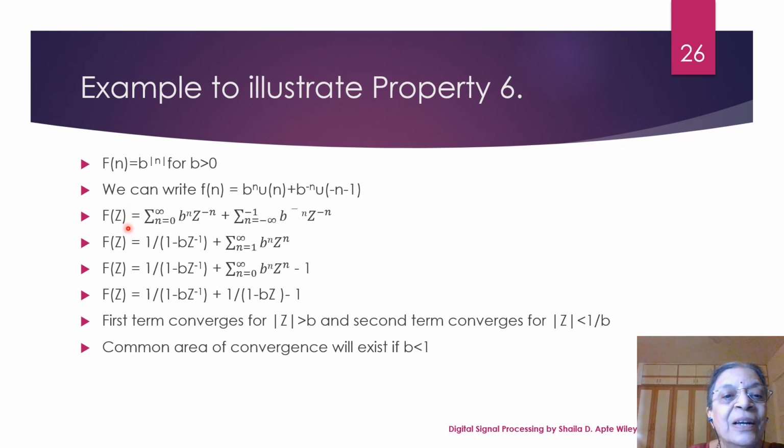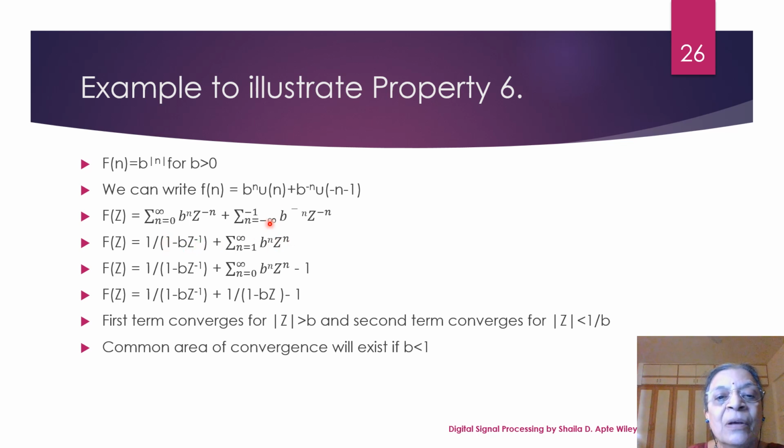So let us write Fz as the summation n varying from 0 to infinity of b raised to n z raised to minus n, and for the negative part we write the summation from minus infinity to minus 1 of b raised to minus n z raised to minus n. Now for the first sum I can directly write down the closed form expression 1 upon 1 minus b z inverse.